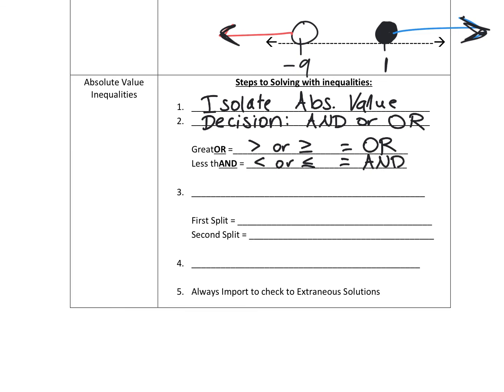Think less than. I know it sounds funny, but it's just a good way to remember it. Once you've done that, you're splitting these into two problems. Your first split is just going to be drop the bars, keep everything the same.